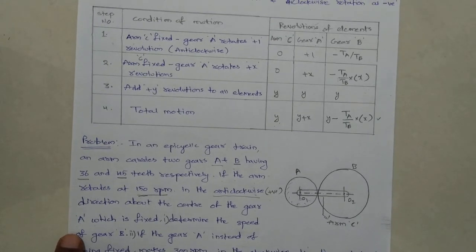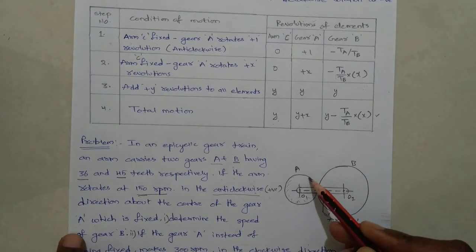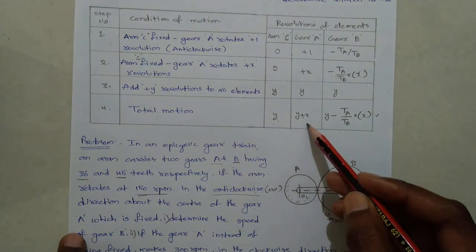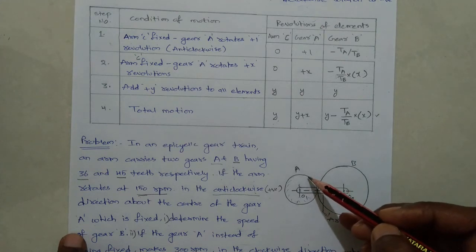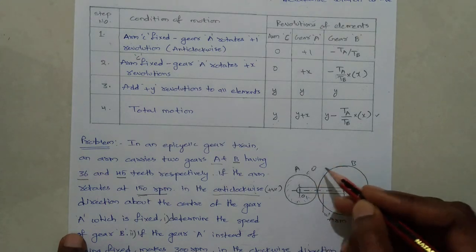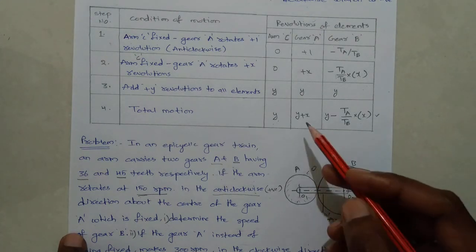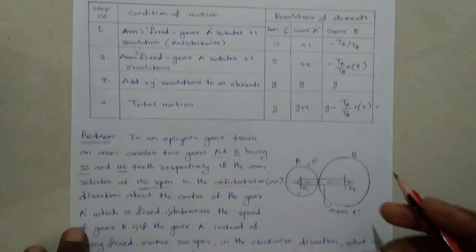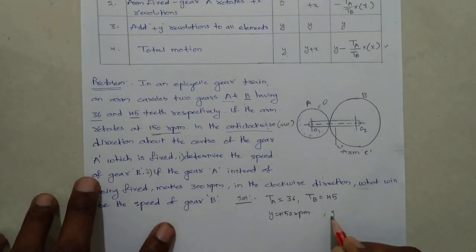Next, one more thing he has mentioned is gear A is fixed. What is the formula for gear A in the last column? That is y plus x. As gear A is fixed, it is having 0 revolutions. So this is the formula for RPM of gear A, that is y plus x, which will be equal to 0. So write y plus x is equal to 0.